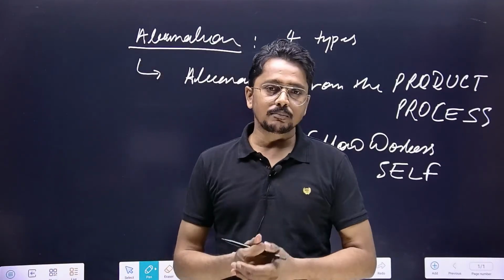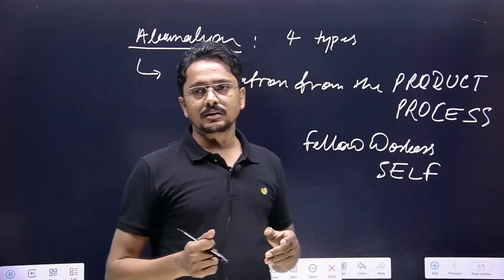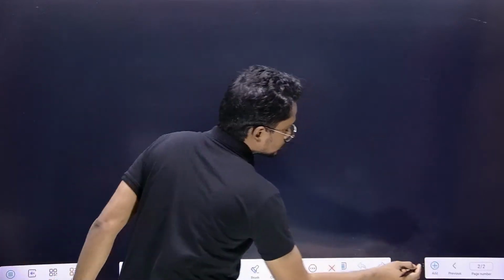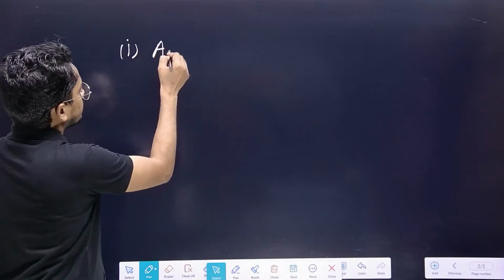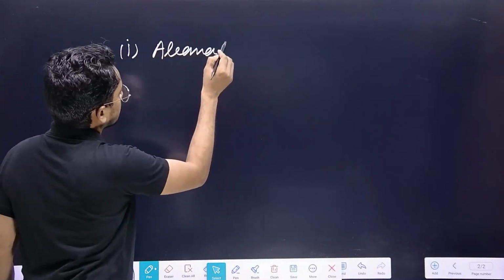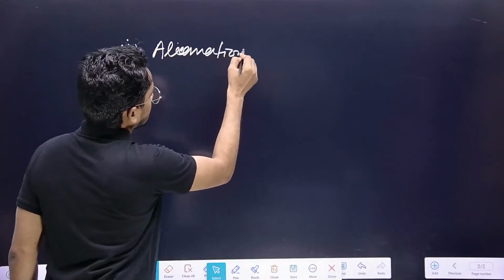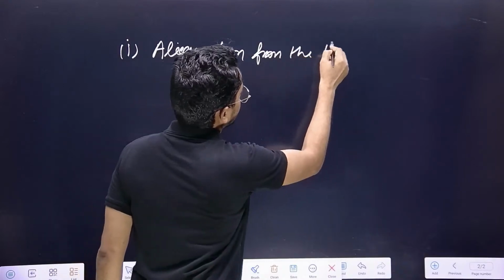As we described earlier, the first one is alienation from the product of labor.